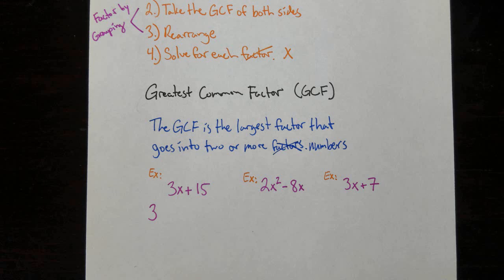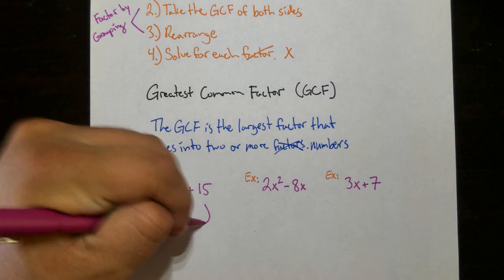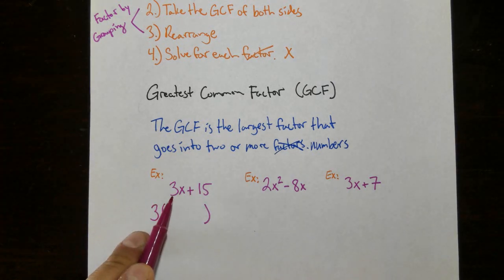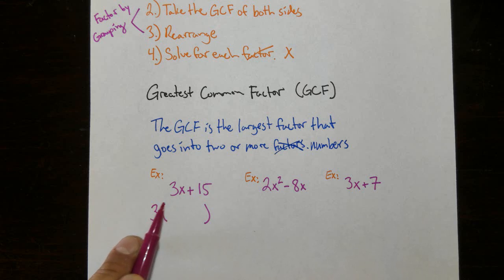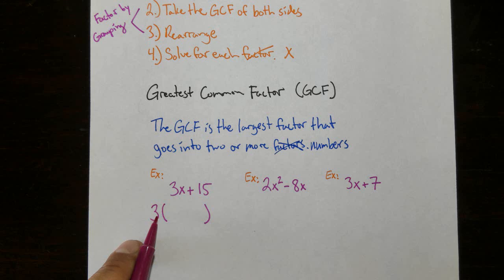But what we're really doing is we want to write an equivalence statement. We're not looking just for the greatest common factor. We're factoring out that 3. So really, we're dividing out that 3. So let's see here. 3x, so we're dividing both of these terms by 3. So 3x divided by 3 is x.